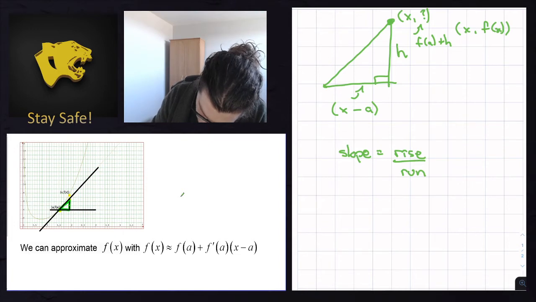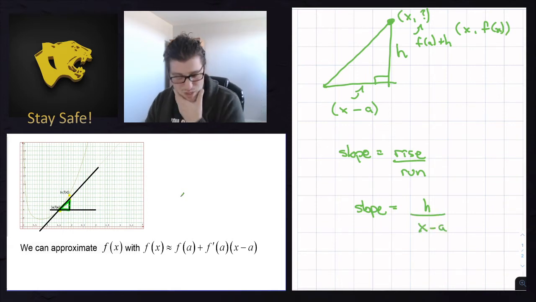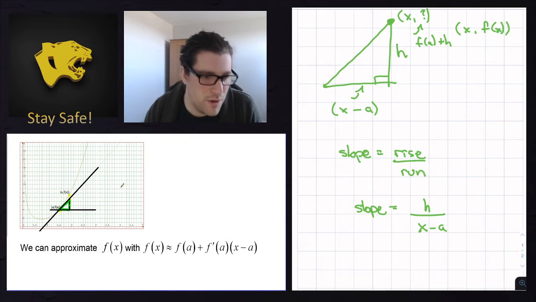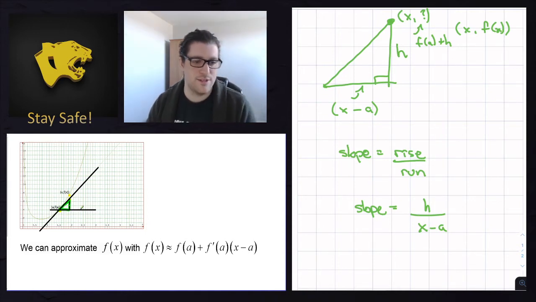So my slope value is going to be equal to the rise of h over the run of x minus a. Now, the slope of that linear function is the same as the slope of my original curve at a. It's the tangent line.